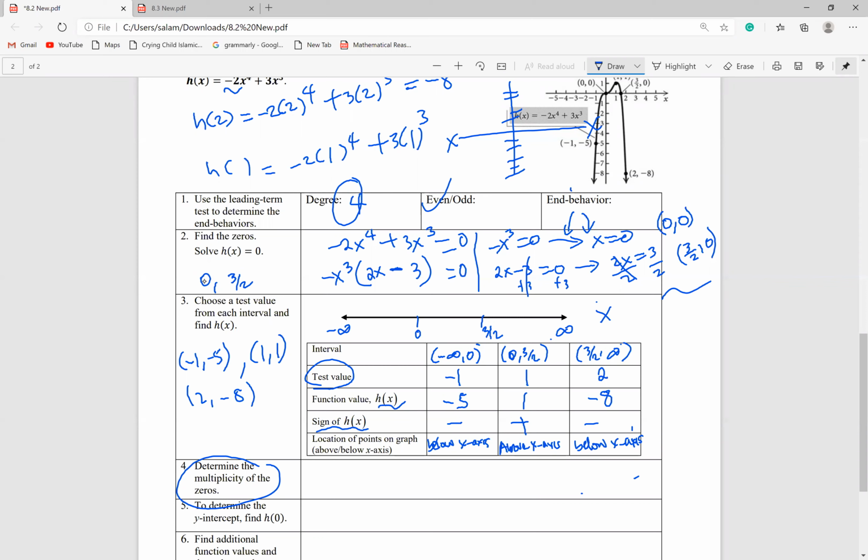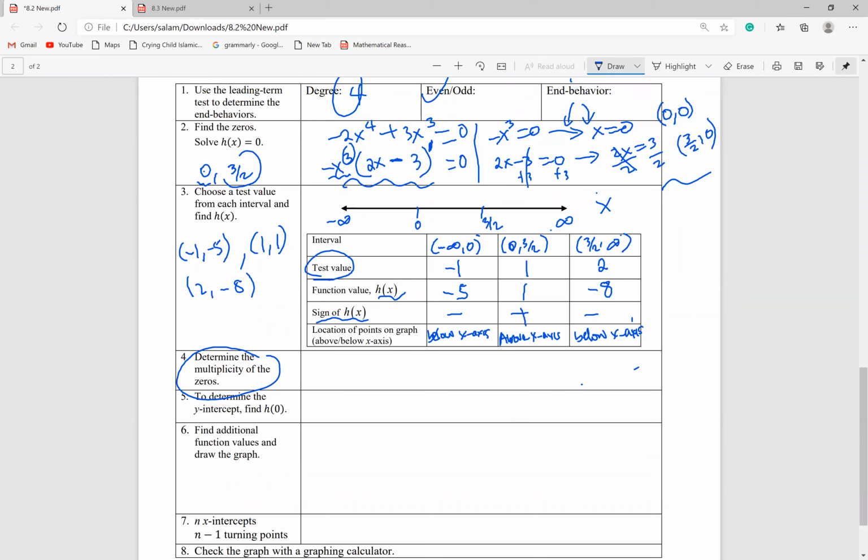The multiplicity of this 0, because this was what we set to 0 to get x equal to 0, is 3. And the multiplicity of this 0, which is raised to power 1, is 1. So they both have odd multiplicity.